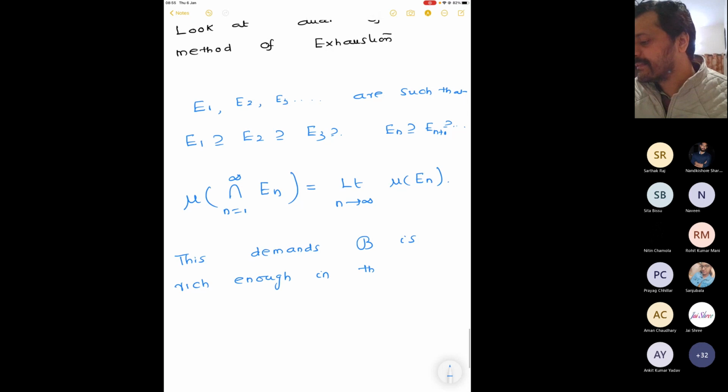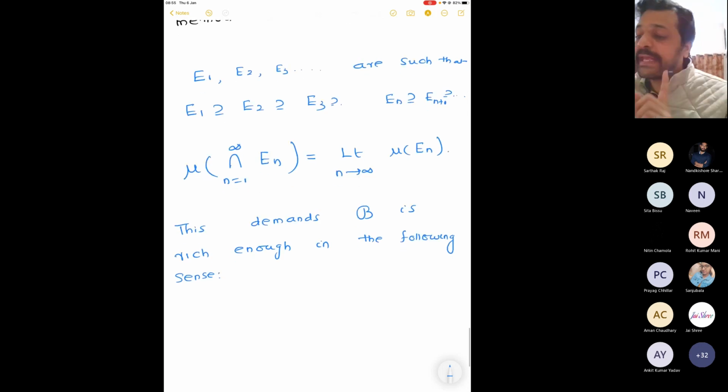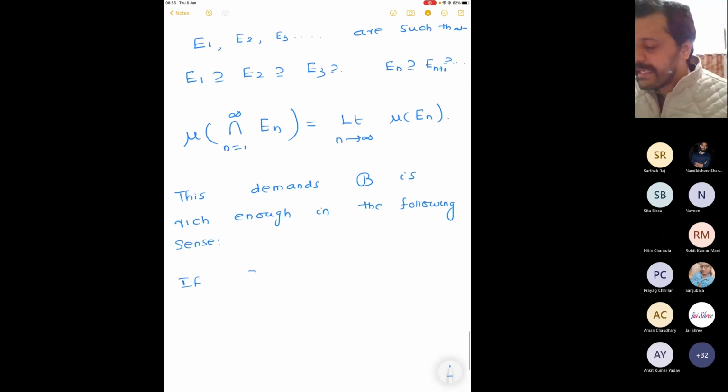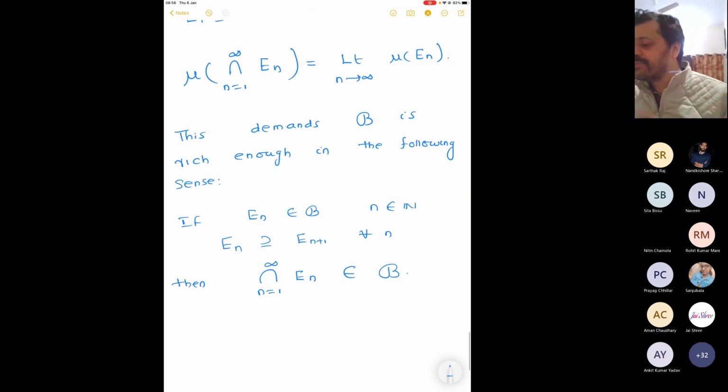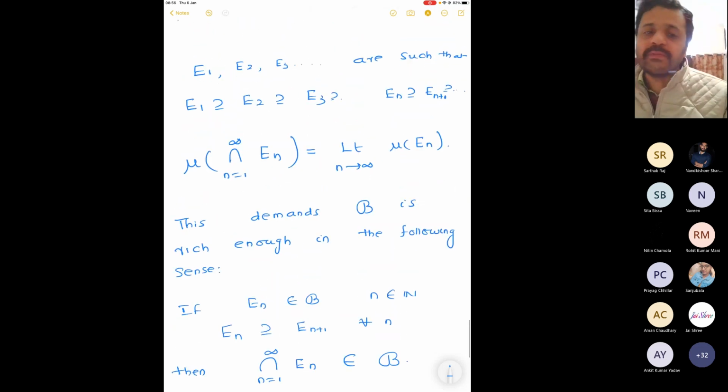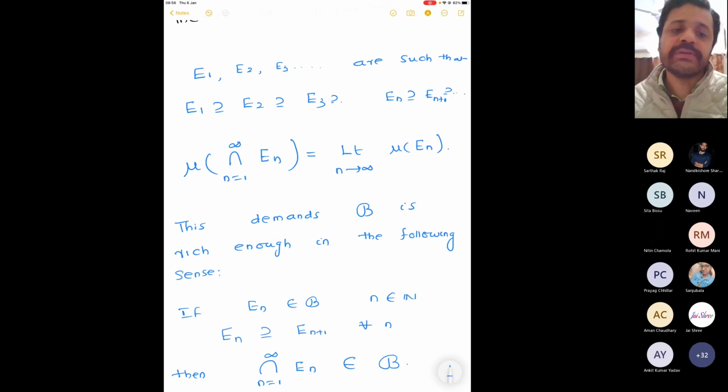If the ENs are in B and En contains En plus 1 for all N, then the intersection N is equal to 1 to infinity of En should be in B. So this gives you a demand on B, and this gives you the condition that I should impose on mu.